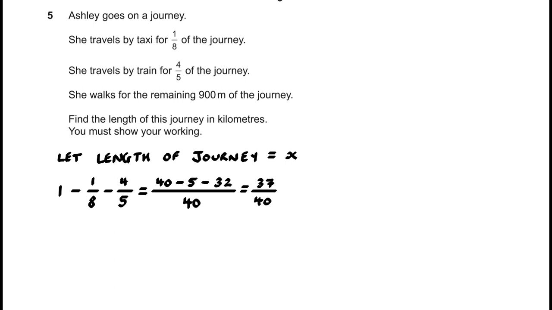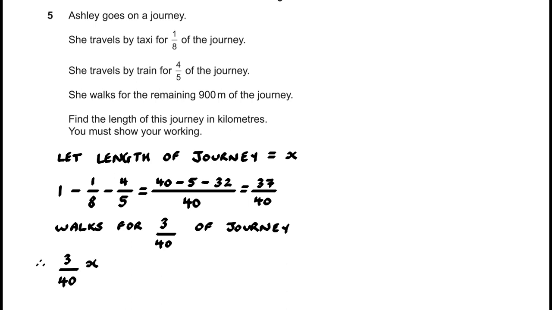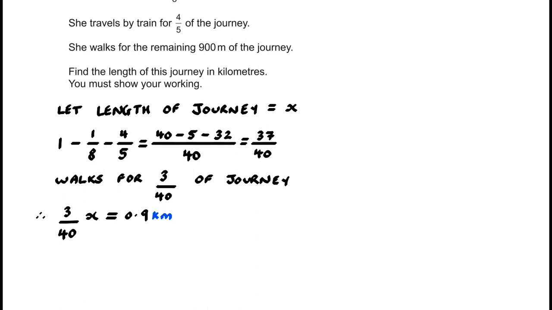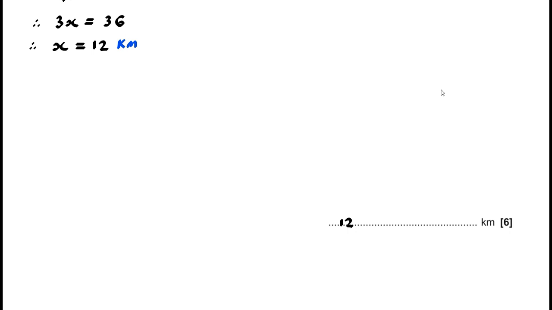What that means is, the remaining part corresponds to 3 over 40. So she walks for 3 over 40 of her journey. So 3 over 40 of x is equal to 0.9 kilometers, which is the same as 900 meters. If we solve for x, 3x is 36, which means x is 12. So we have 12 kilometers.